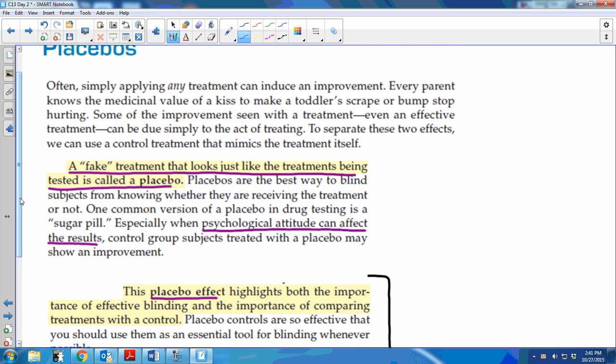So if you have some difference just from the placebo, then you expect to see that same difference with the real drug, and any improvement on top of that would be your result. So a placebo can be important if you don't want people to know what they're getting. You can't always have a placebo, though. It isn't always possible.